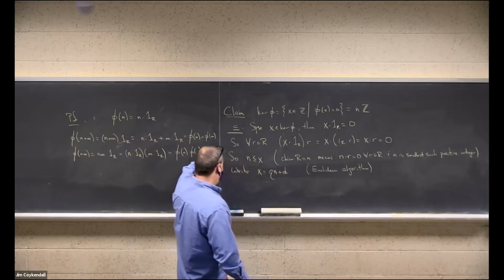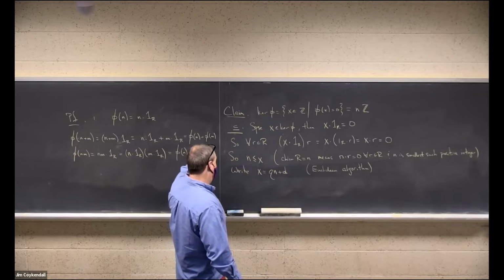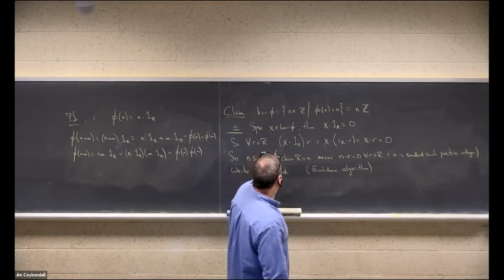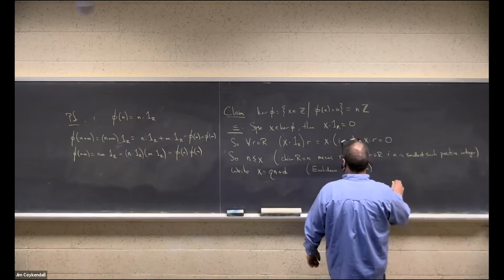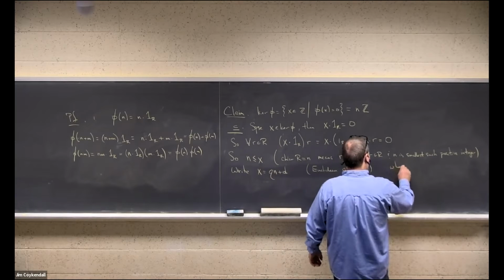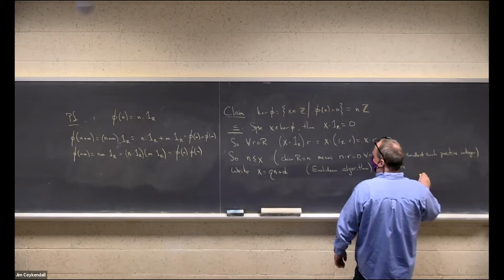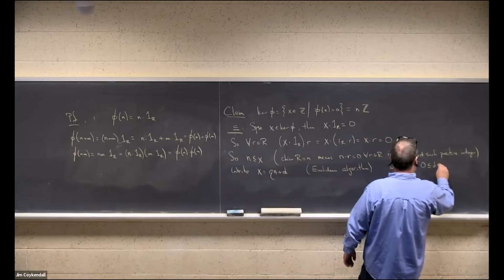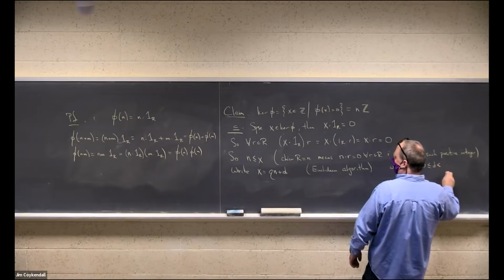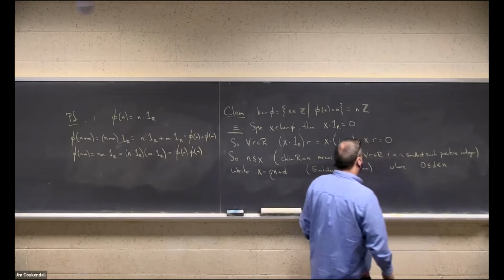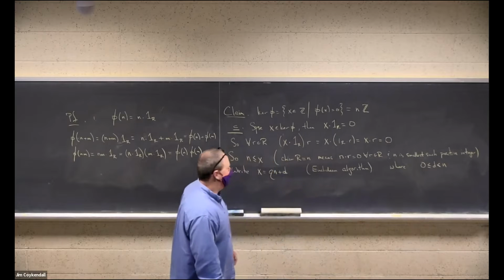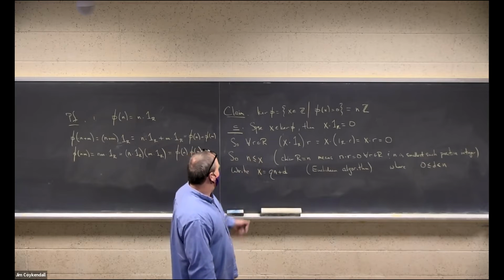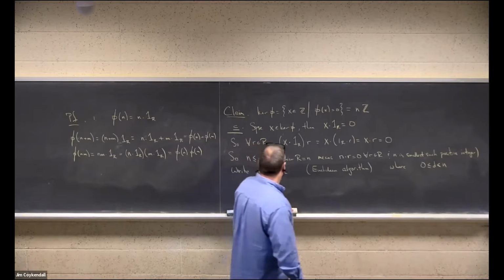So what I want to do is write x, I want to divide it by n. I'm going to write it as qn plus d. So take this x here that's in the kernel and divide it by n to get remainder d, right?